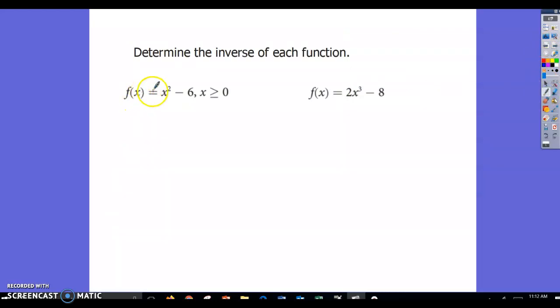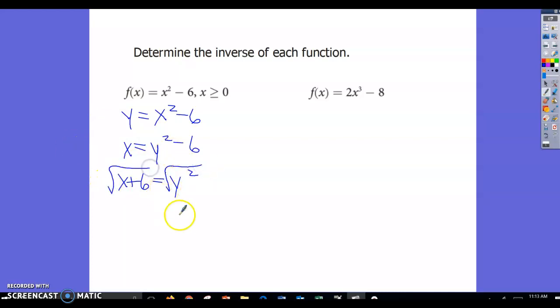The next example: f of x equals x squared minus 6. This is a quadratic again, so yes, the domain is restricted to all positive numbers. Let's start by replacing this with y. Then we switch the x and the y, so we have x equals y squared minus 6. We add 6 to both sides and take the square root of both sides.